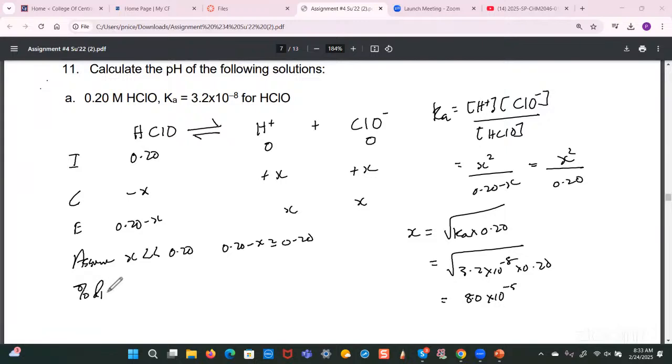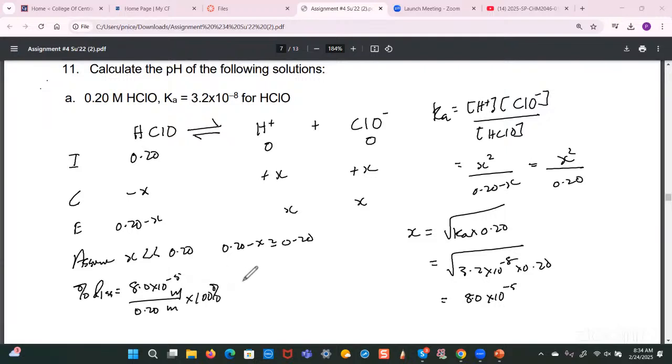Senorita Luna. Okay, so how do we find the percent dissociation in this case? Do 8.0 times 10 to the minus 5 divided by 0.20, exactly, multiplied by 100%.